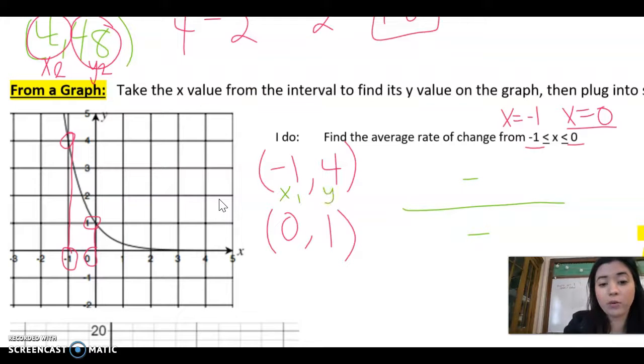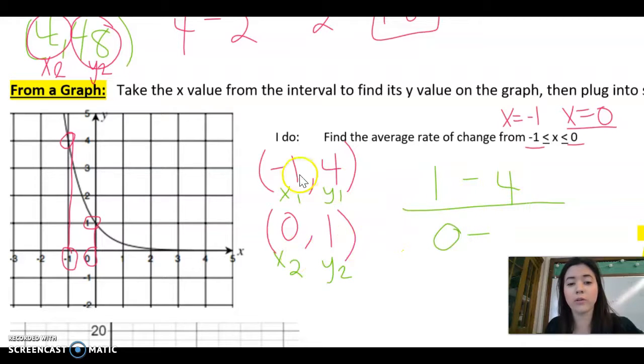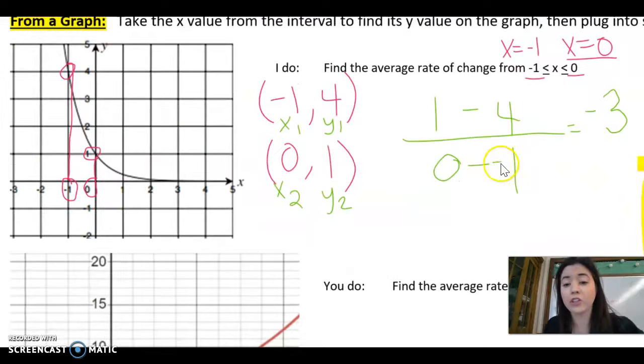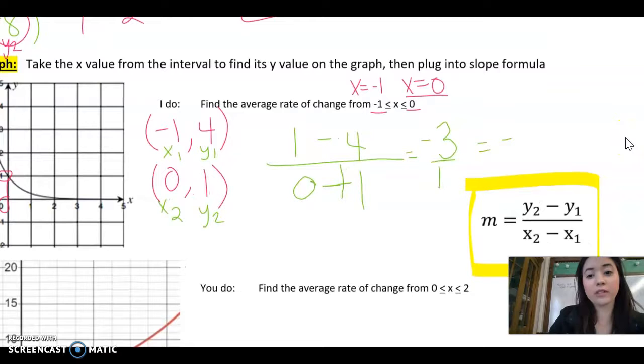So we have x1, y1, x2, y2. y2 is 1, y1 is 4, x2 is 0, minus x1, -1. 1 minus 4, if you need calculators, use them, gives us -3. And then 2 negatives here become a plus sign. So we get -3 over 1, and that just equals -3.